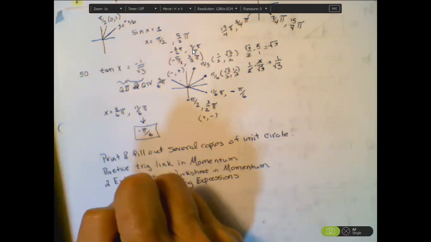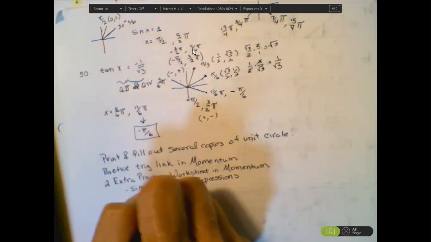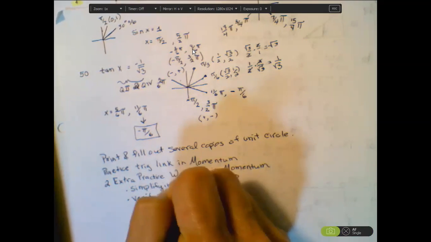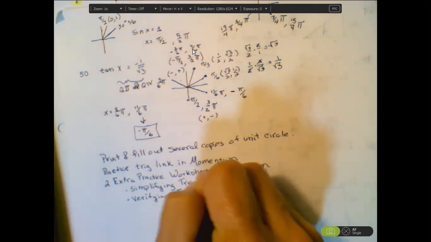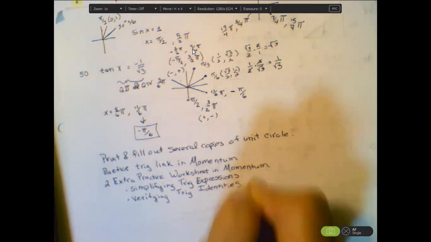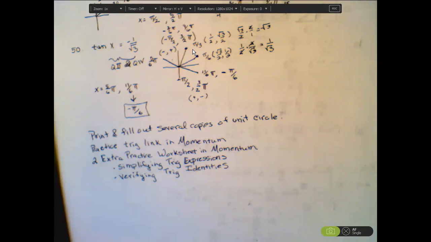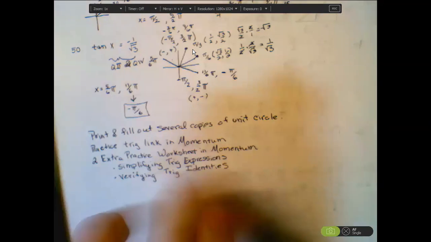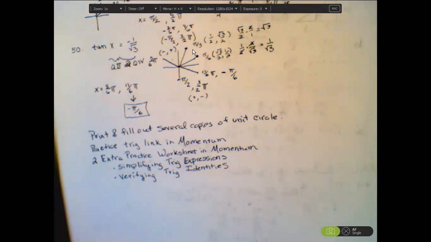And then there's another extra practice, verifying trig identities. So I'm not suggesting that you spend all weekend on trig, but spend some time this weekend getting more comfortable with everything that's brand new to us in chapter 5.